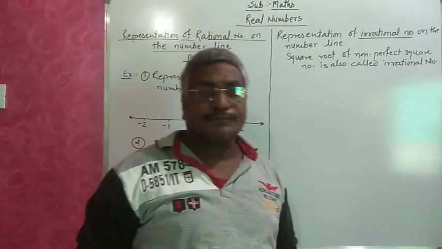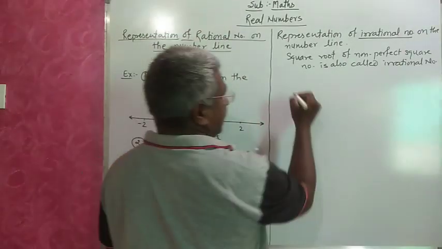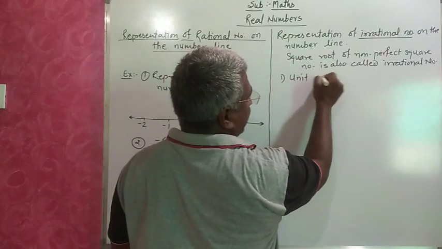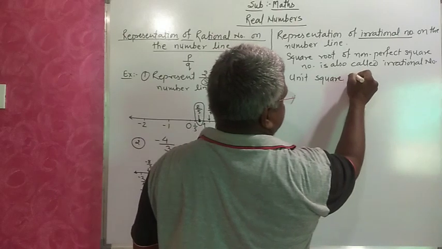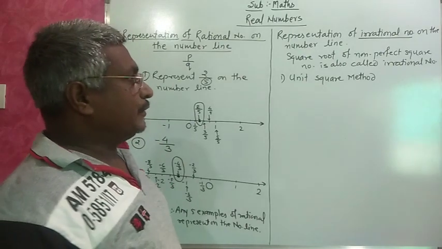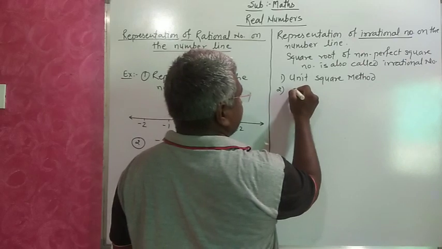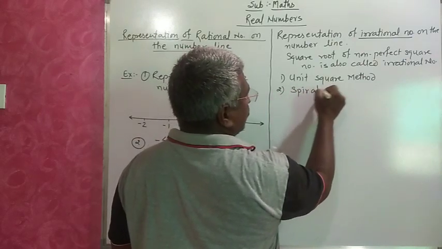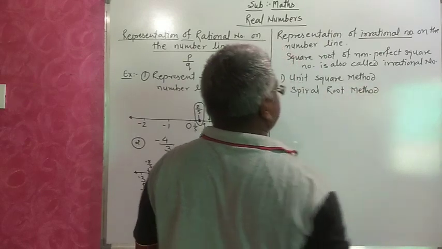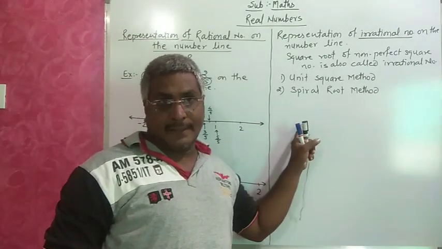So here 4 methods are there. First is the unit square method. Second is the spiral root method, or it is called the spiral method. One activity you already got in the lab manual.